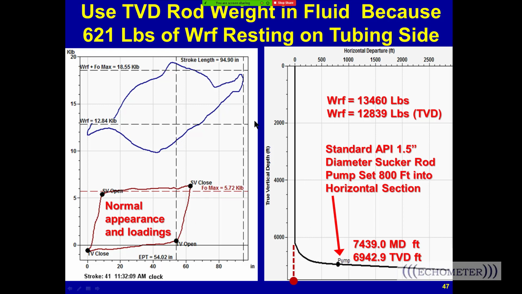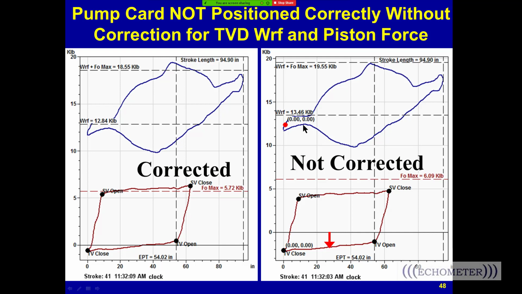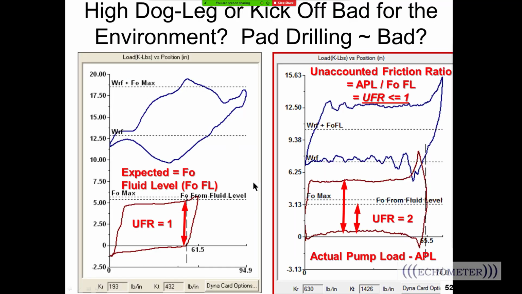So you need to account for the true vertical weight of the rod string when you use it in the wave equation. And so here's the same data, not corrected right here, and corrected, and so this pump card looks normal. But if you don't correct it, it's going to shift below the zero by this extra weight of the rods.